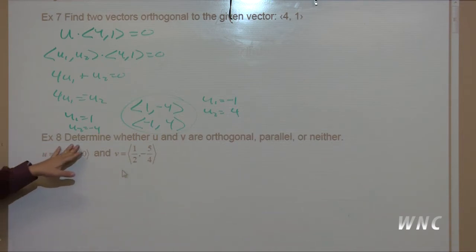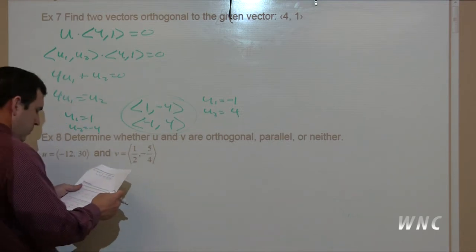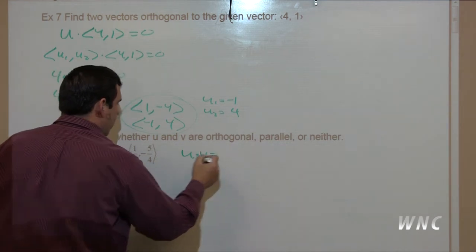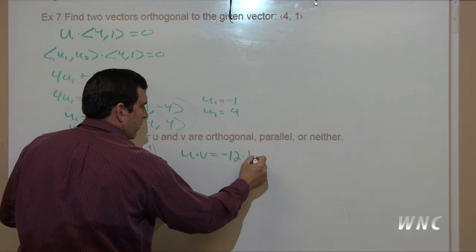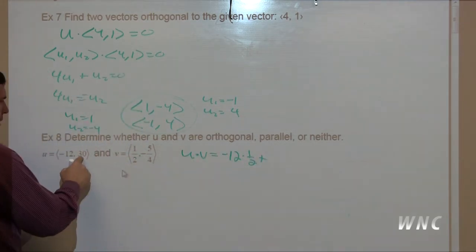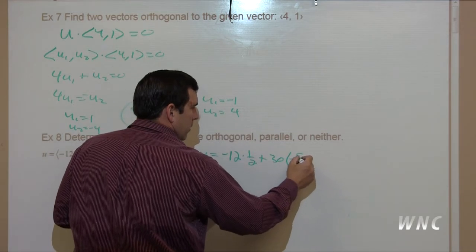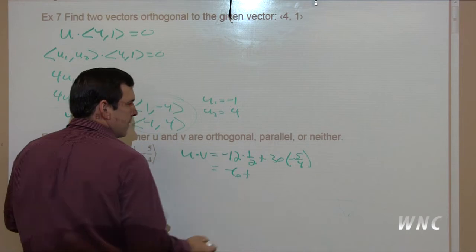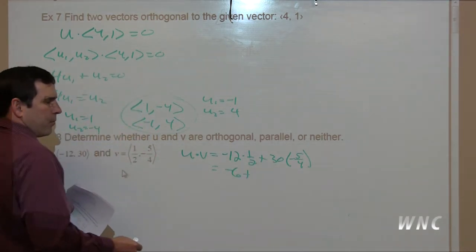Okay, are u and v orthogonal, parallel, or neither? So first let's look for orthogonal. U dot v is going to be negative 12 times 1/2 plus 30 times negative 5/4. That's going to be negative 6 plus, this reduces, but look, they're both going to be negative.